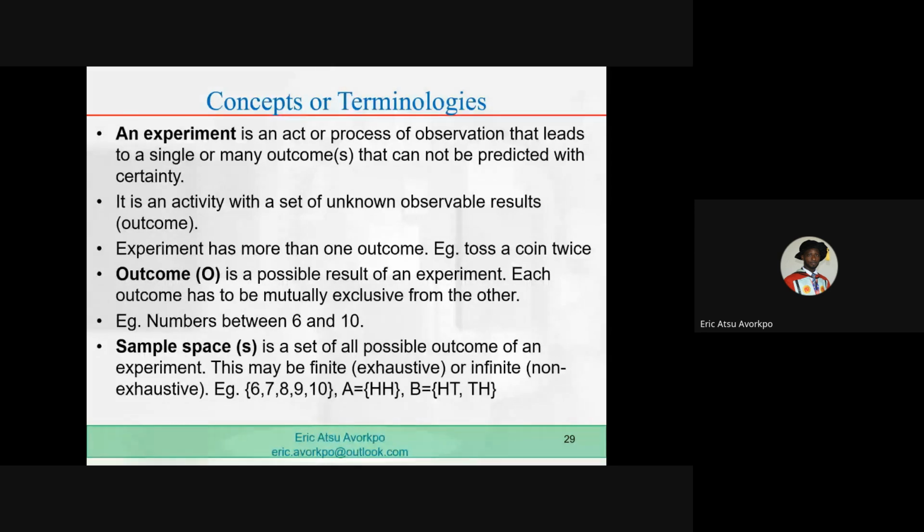In fact, it is an experiment I'm conducting because the possibility that I'll observe the tail or the head of it, I do not know, right? Because those observations, I do not know what the results would have been. The result that we will observe at the end of tossing that coin into the air is the outcome. So this outcome can either be a head or a tail.